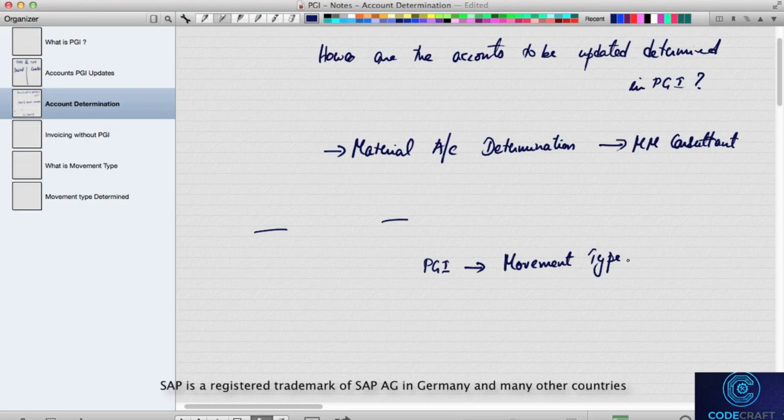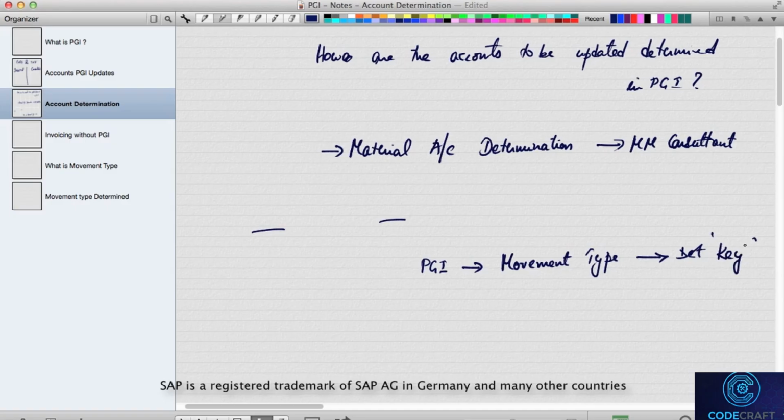And that movement type, as long as there is a physical movement of goods or some kind of a movement, controls what is called a determination key or the account key.